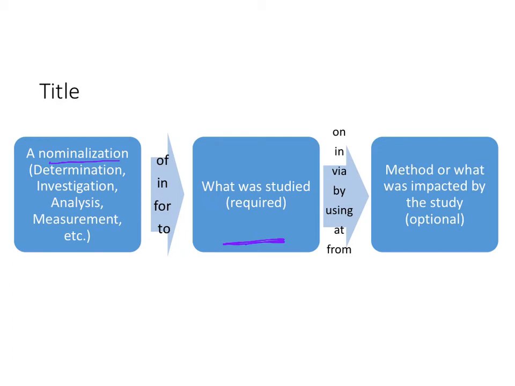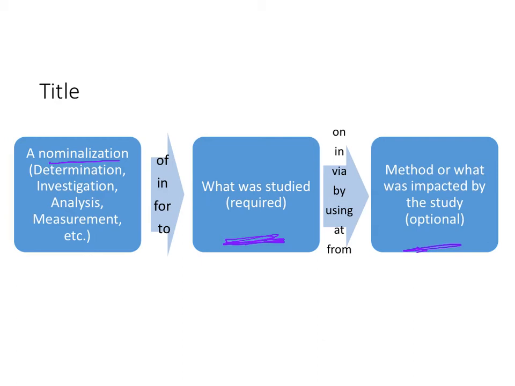So you need to have this "what was studied" part. Every title has a what was studied. Then you may see a method mentioned, or what was impacted by the study. If you follow this sort of outline, it's relatively easy to come up with a decent title.